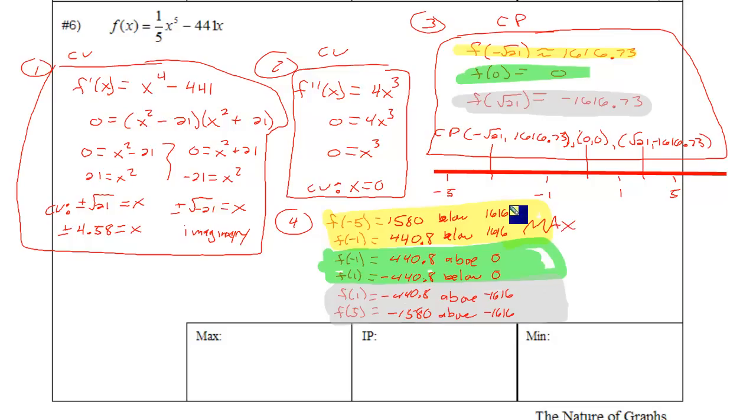Got points below, we got a maximum. We got some above and some below, we have an inflection point.